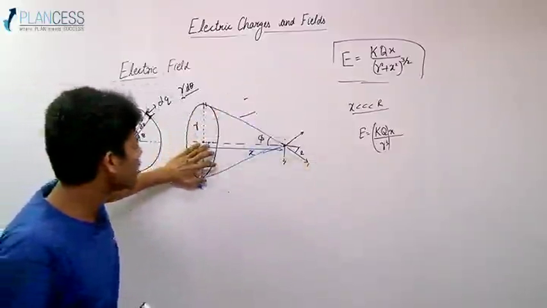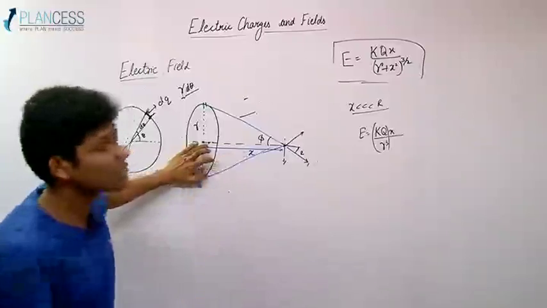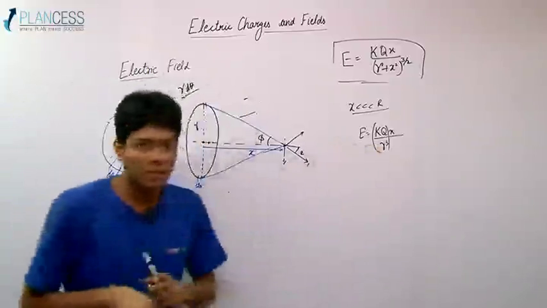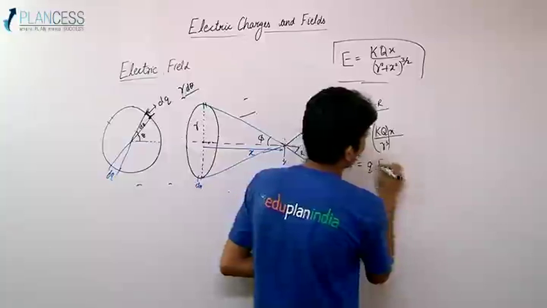But what about a unit charge placed at a very small distance x, much less than r? We can see that the electric field comes out to be kq x upon r cube. So the force, as we all know, is equal to q into E.